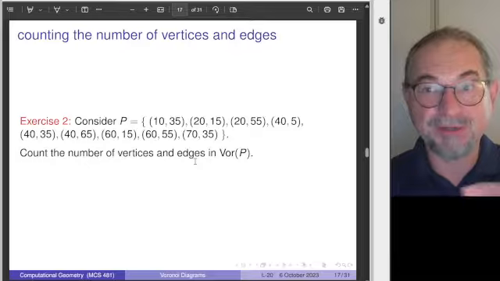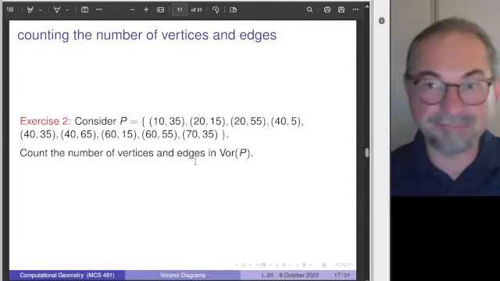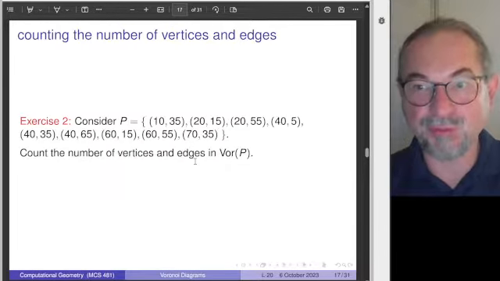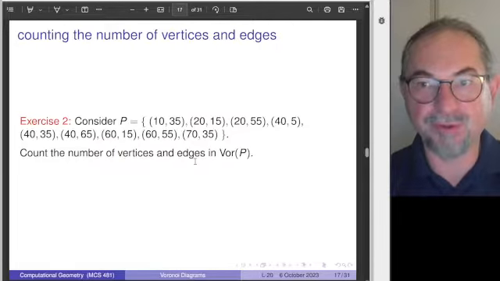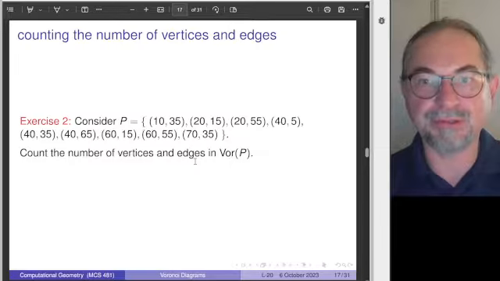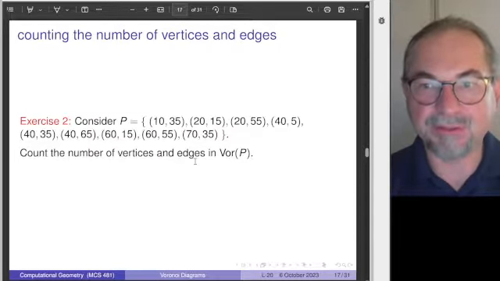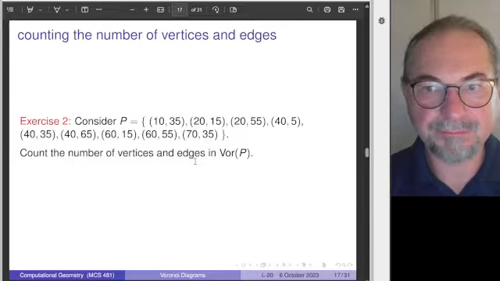I mentioned the 64-gon. Computers are very fast, and there's no restriction why you wouldn't define all your points on a circle and then an extra point at the center, and see what the total number of vertices and edges is.